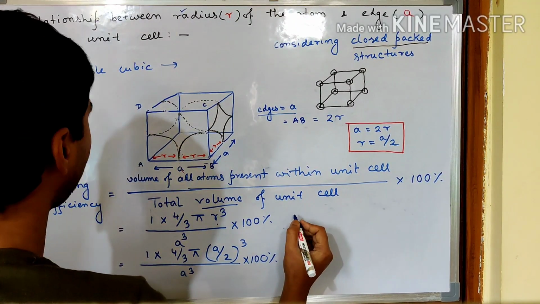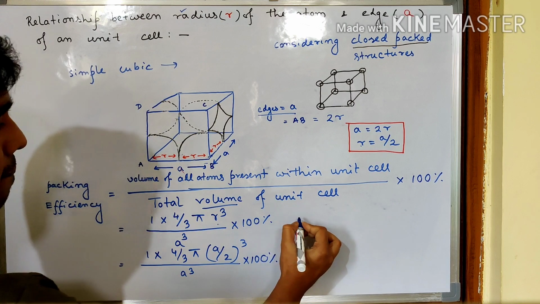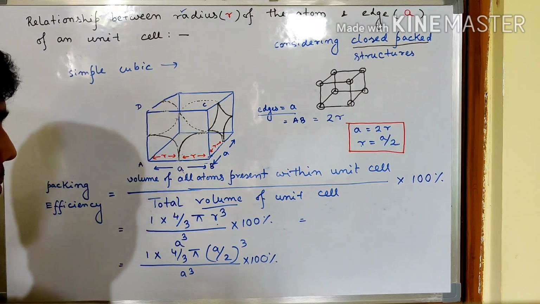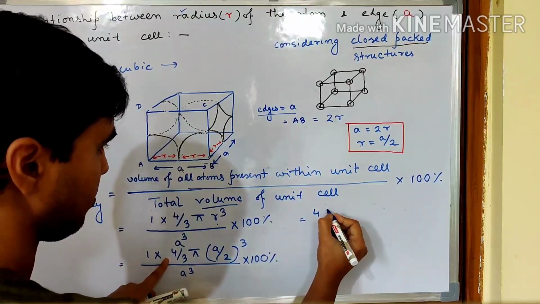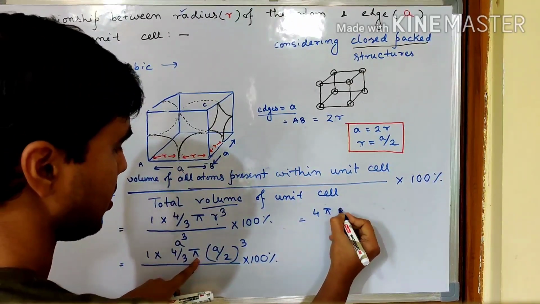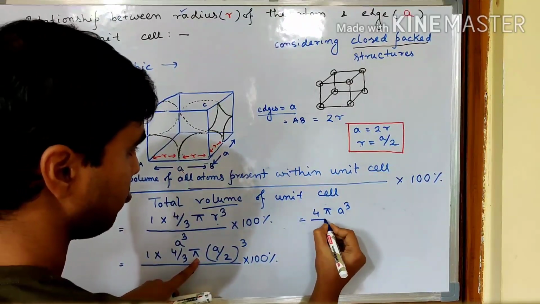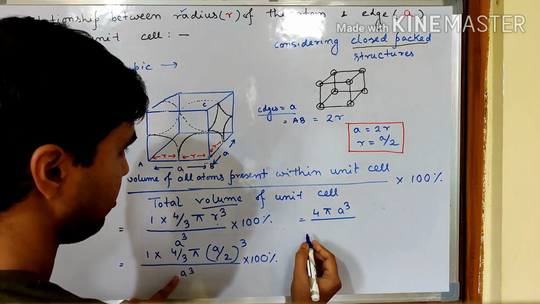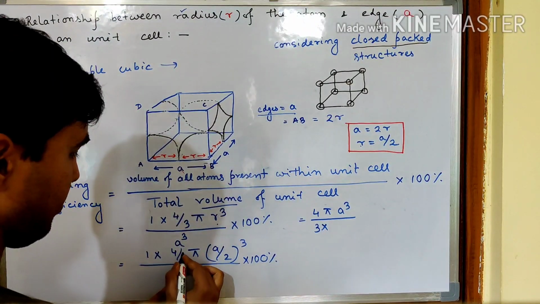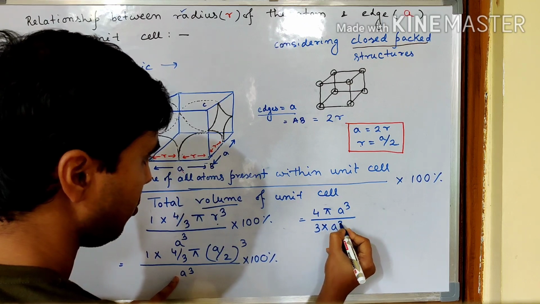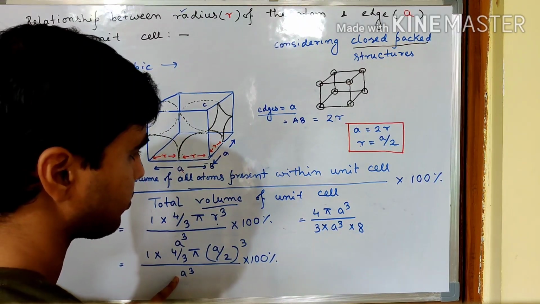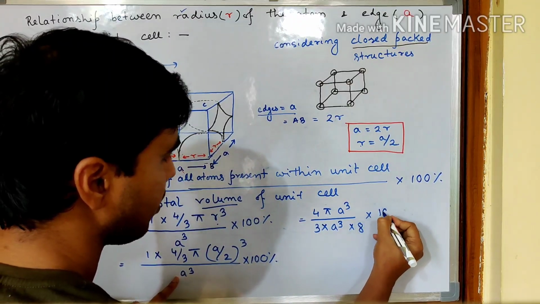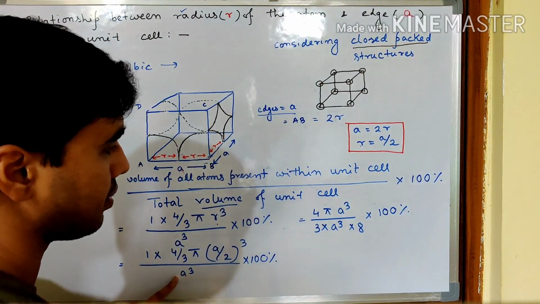You can further calculate it here. It should have been 4 pi A cube divided by, here you see 3 will come, A cube will come, that is 8 also, that will come, into 100%.